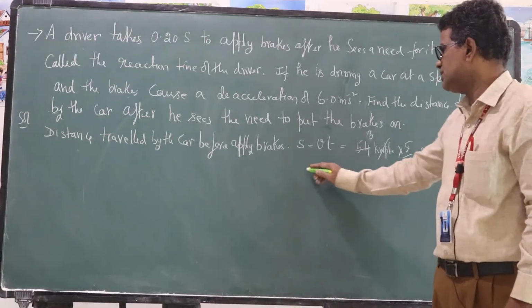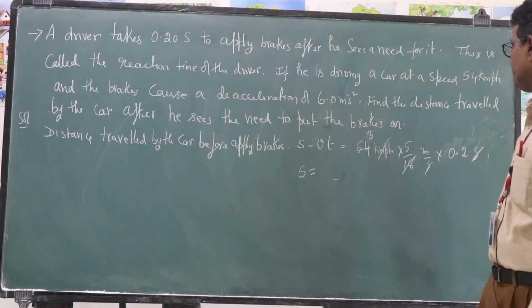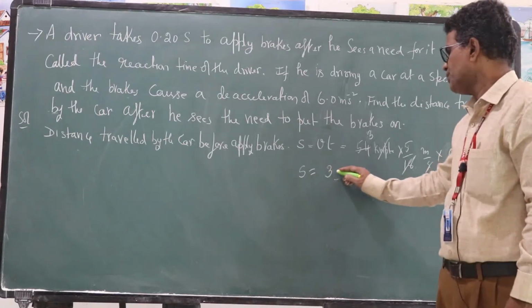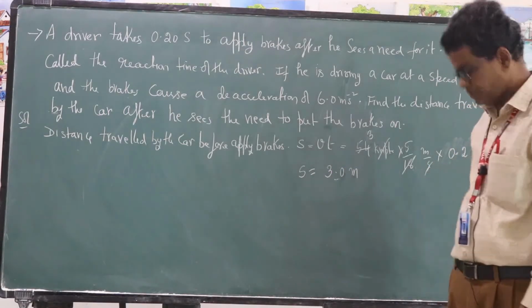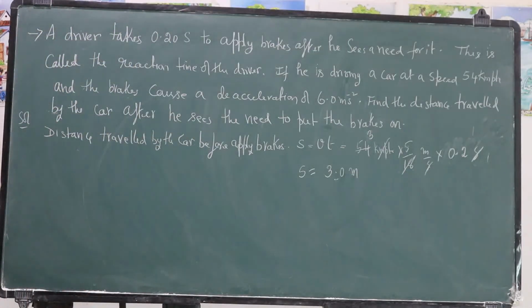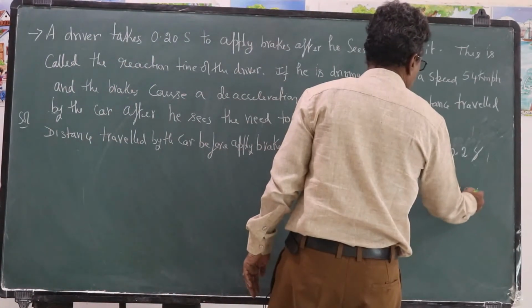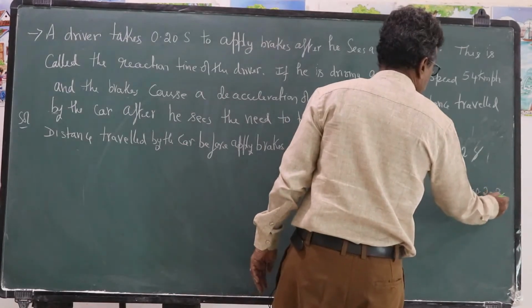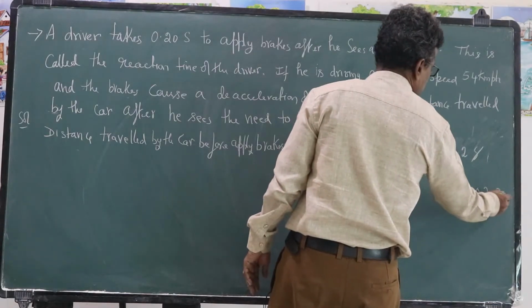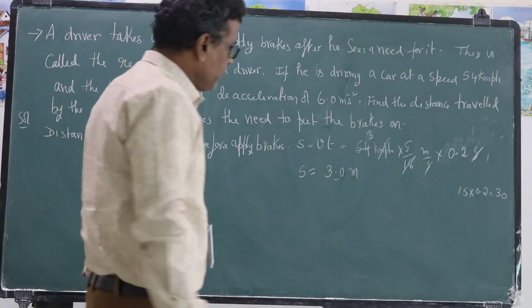How much distance does he travel during that time? 15 into 0.2, 15 twos are 30, so 3 meters. So before applying the brakes, he travels 3 meters.